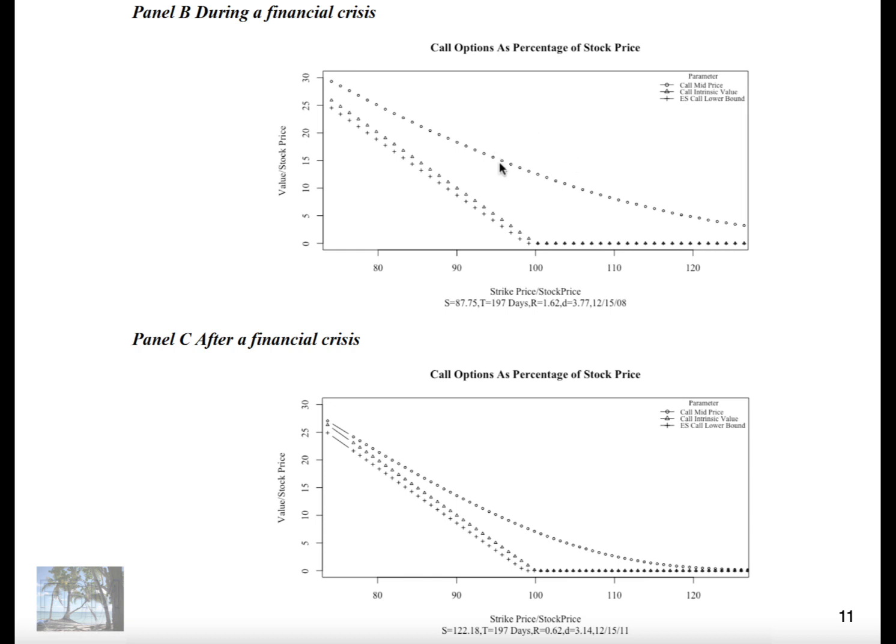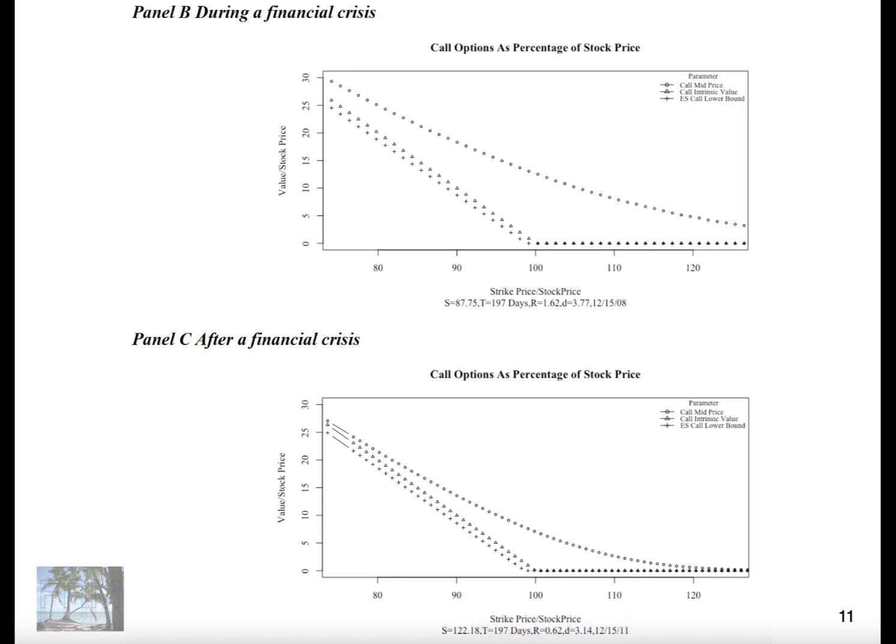The key insight is during times of great market uncertainty, option prices are very high. In the post-crisis period, that is December 15th, 2011, what we observe is that the option prices have dissipated. They've calmed down quite a bit. If you'll notice, interest rates remain very low.